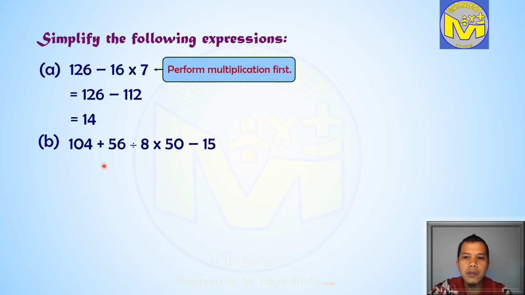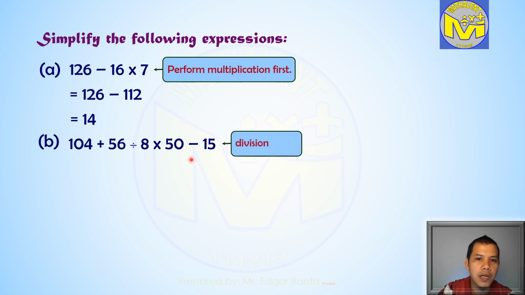Letter B. Okay, what do you think? How many operations do you see? We have plus, divide, times, and minus. So we have 4 complete. So which is first? Okay, which operation first? We will do the division here. 56 divided by 8.